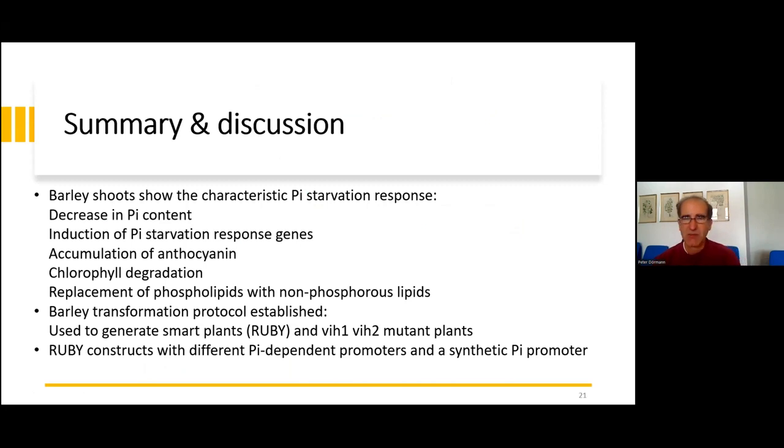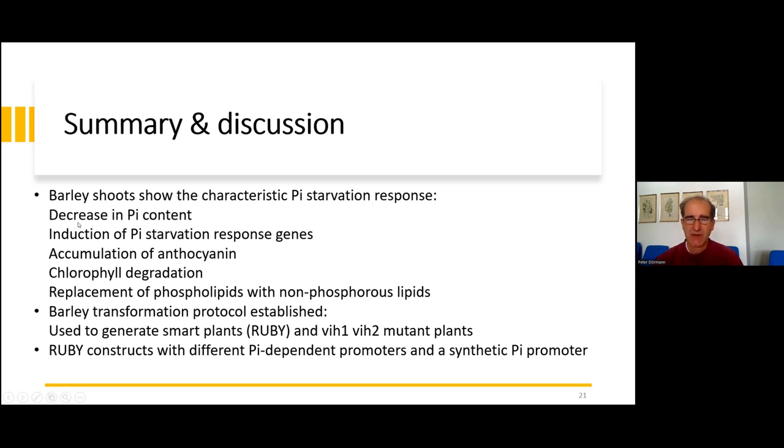Okay, this is what I wanted to show. So what is the current state of the project, because we're still in the middle of the project, obviously. We did the initial establishment of the system, the Pi starvation response in barley.